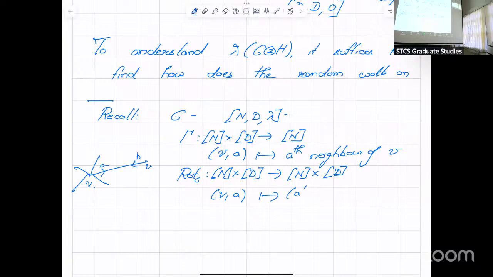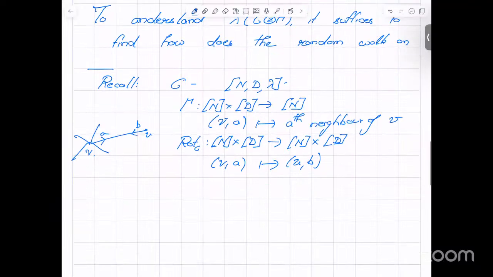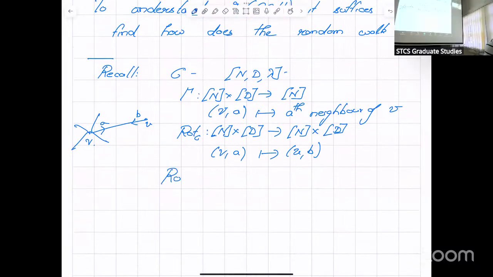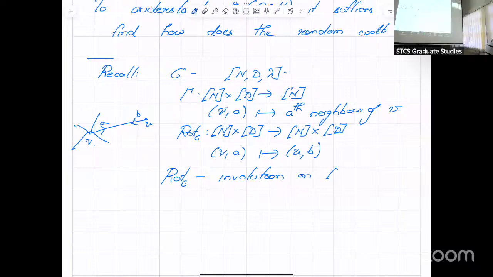From u's point of view, if v is the b-th neighbor of u, then you output b as well. So ROT of G is an involution on [n] cross [D]. Okay, thanks. Sorry for interrupting.